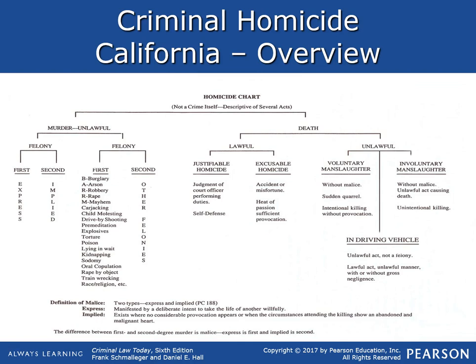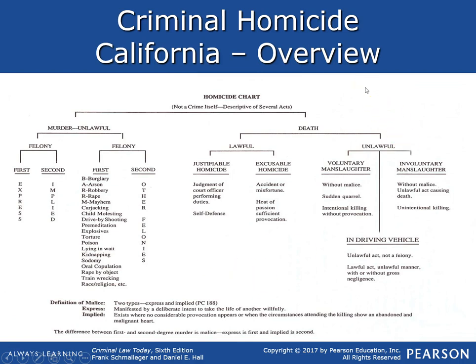And what is manslaughter, and what is vehicular manslaughter, and are there lawful deaths and unlawful deaths, and so on. So this chart will help you get a better overview. And while things are a little bit different from state to state, a lot of things are similar. So I thought this would be a great way to show you an overview on how this works.